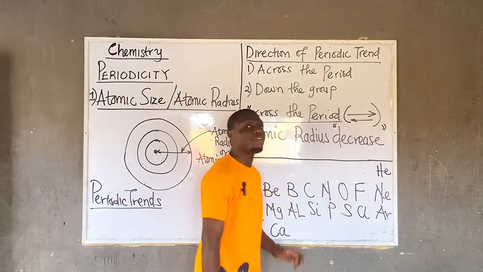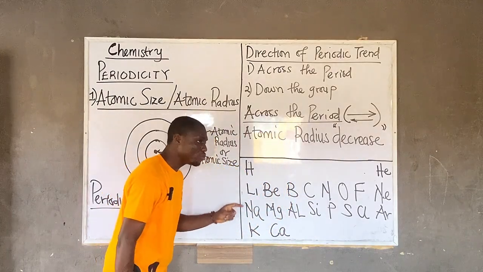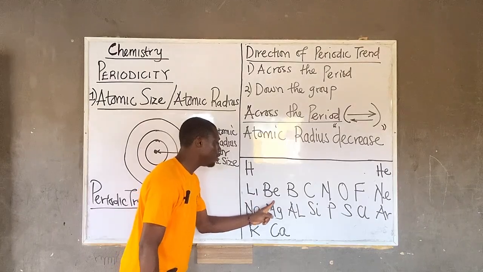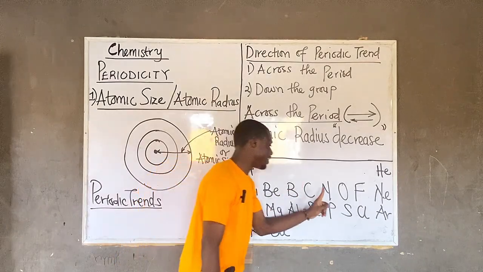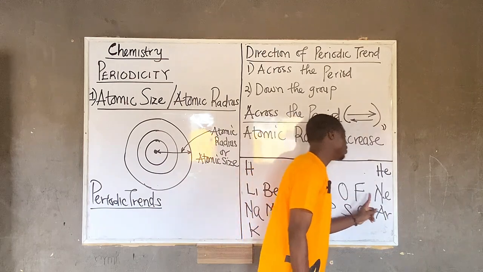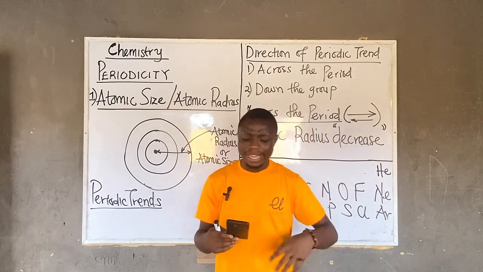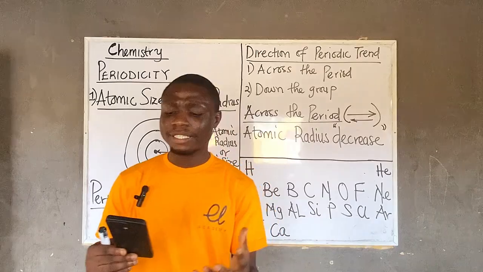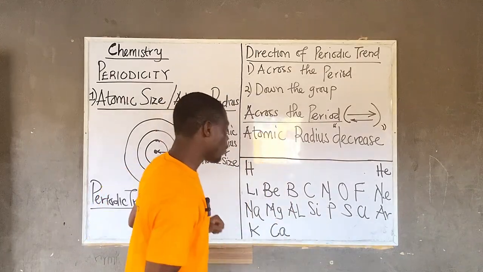If you observe properly, if I draw out the shells for lithium, beryllium, boron, carbon, nitrogen, oxygen, fluorine, neon, the atom becomes smaller.